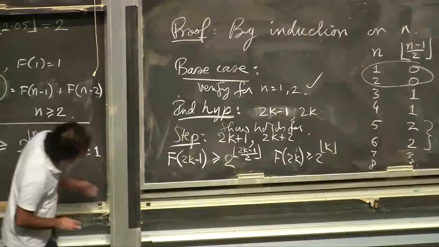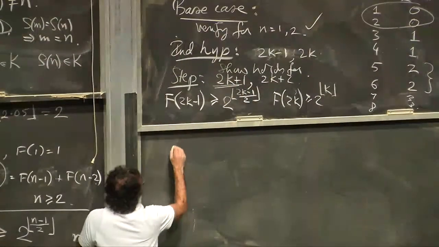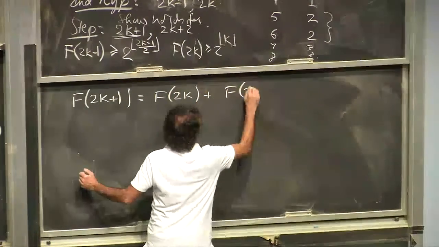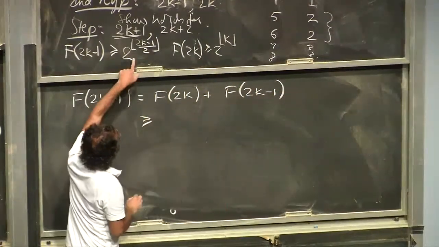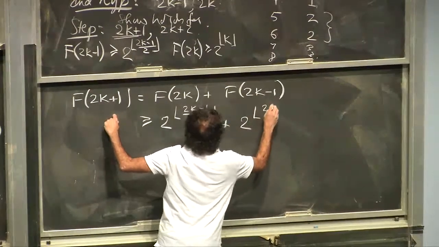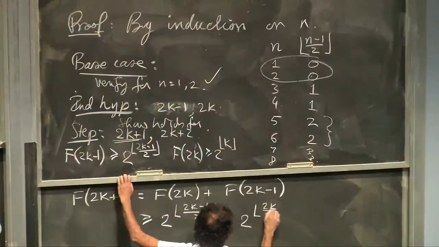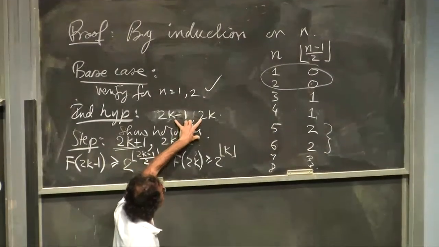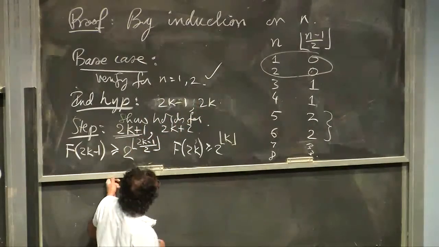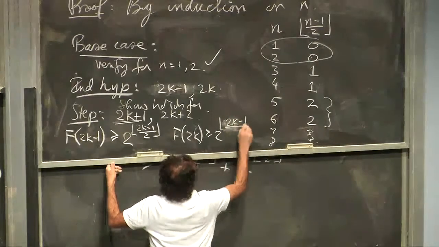Now, to show that it also holds for 2k plus 1, we say f of 2k plus 1 equals f of 2k plus f of 2k minus 1, which is at least, by the induction hypothesis, these two powers added together.